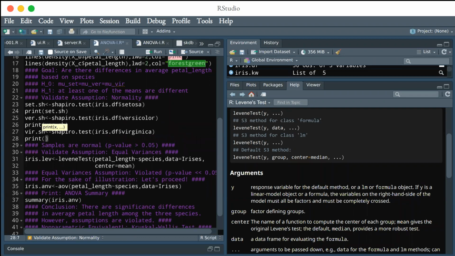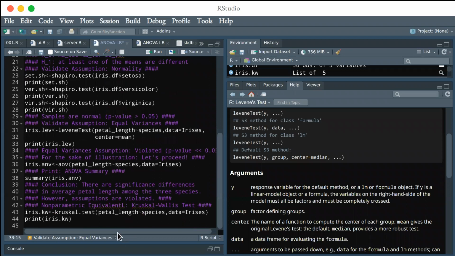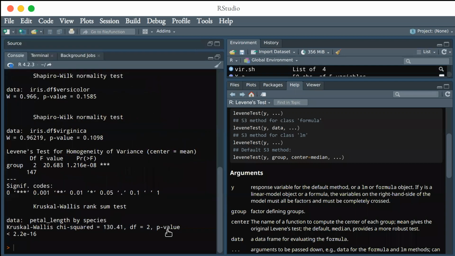I forgot to put it in the code. Okay, let's see. If you look at Kruskal-Wallis, the p-value is 2.2 times 10 raised to negative 16.